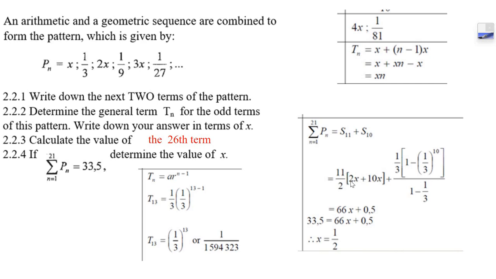We know that it's n over 2 times 2 times A plus n minus 1 times D, and n is 11. There's 11 odd terms there. Oh, well, that's 12x. 12 divided by 2 is 6 times 11, that's 66x. We take away a half from both sides, we get 33. Divide by 66, 33 divided by 66, x is a half.